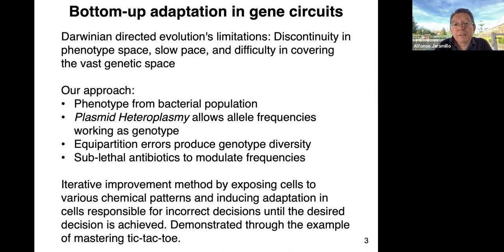But you can call it evolution, I don't know. Darwinian evolution normally involves a more discontinuous movement in phenotype space, because you get mutations, and sometimes a single mutation can have a drastic effect on phenotype. And it's slow, since the probability of mutation is low.